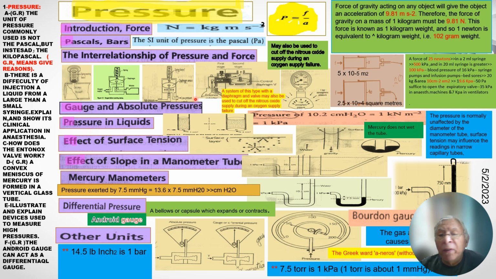Pressure in liquids: of course, liquids with a height exert a pressure, you see. So if we have two manometers, one is filled with saline at a level of 10.2 centimeter, and the other one also is filled, but this one has a surface area of 1 square centimeter, and the other one has a surface area of 4 square centimeter, so it's 4 times.